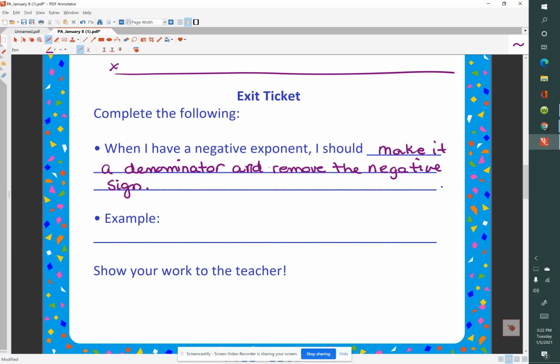So for example, if I have 6 to the negative ninth, then I would write it as 1 over 6 to the ninth. If I have x to the negative 13th, I would write it as 1 over x to the 13th. Don't forget to show your work to me.